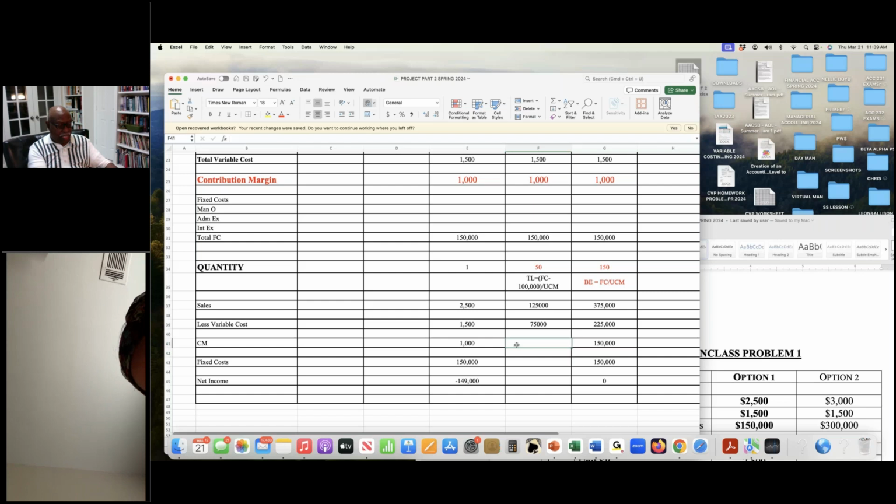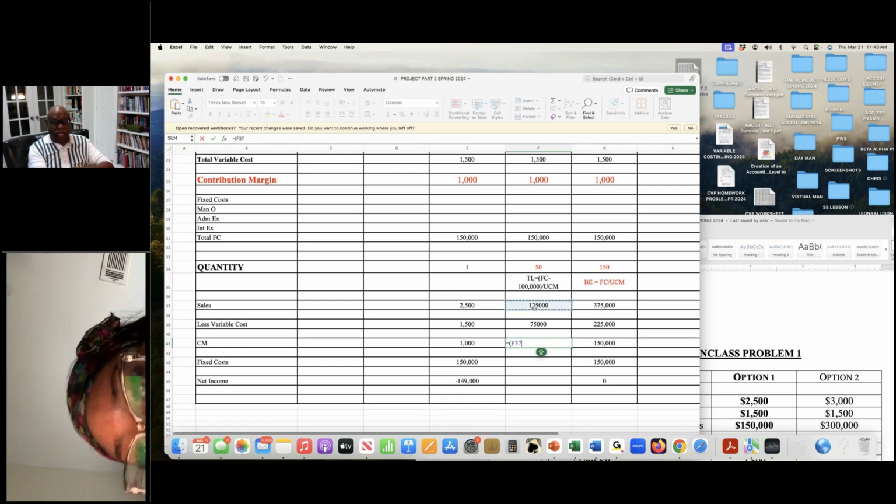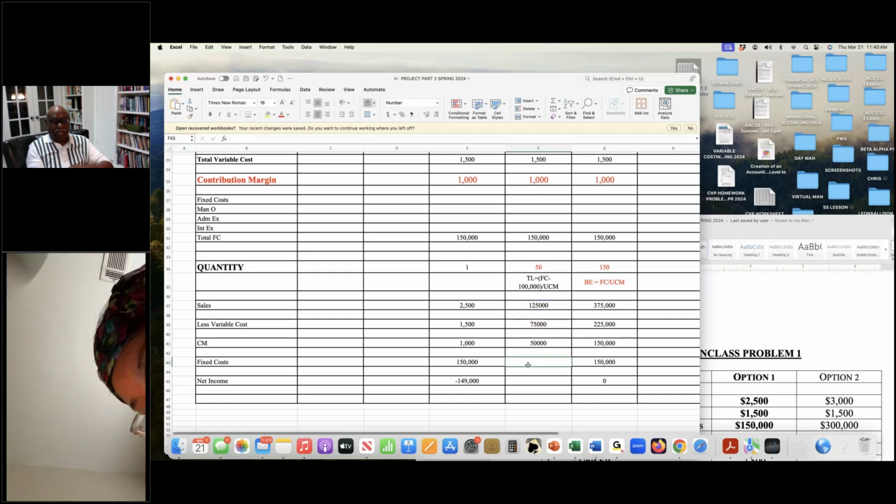Then we said we want an equation to get the dollar contribution margin, and we're just going to do what? Click on the sales minus the variable cost, 50,000. The fixed cost we'll copy from here.